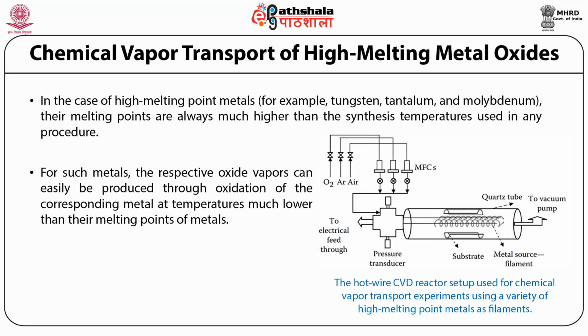As shown in the figure, the reactor consists of a 2-inch diameter quartz tube with the metal filaments wound on top of two ceramic tubes which are connected to an electrical feedthrough. The filament is resistively heated by flowing electric current, and the temperature is controlled by controlling the applied power to the filament using a variac power supply. The quartz tube is placed inside the furnace oven.